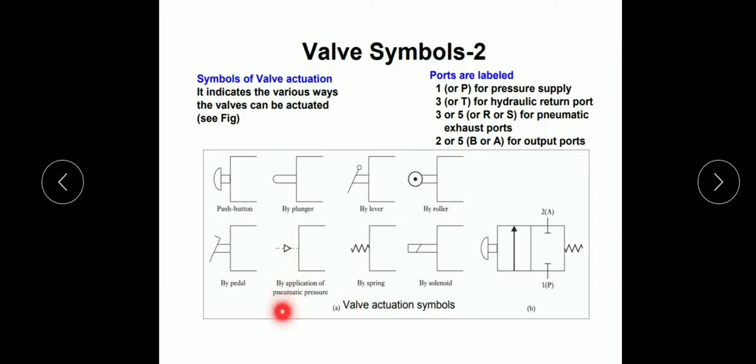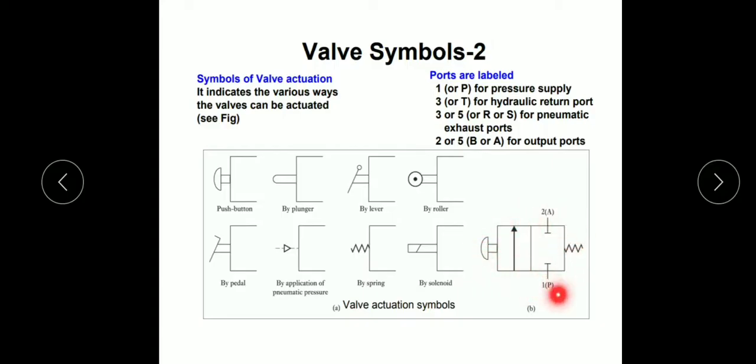Here it's pneumatic pressure, so it is shown as an unfilled triangle with dotted lines. The dotted line shows pilot pressure, and this is a spring operated valve, and this is a solenoid electric control valve, and you can see a push button spring arrangement for a valve.